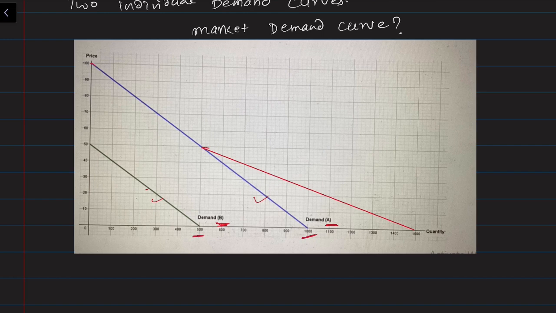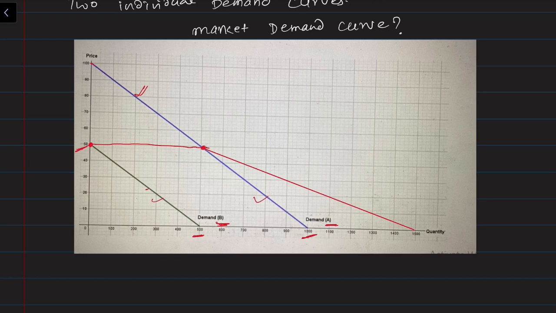At this point the total quantity demanded is given only by the blue line, because the quantity demanded given by the green line is 0. Above $50, the total quantity demanded is the same as the quantity demanded given by the blue line.